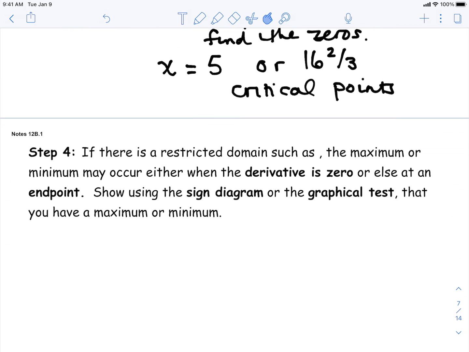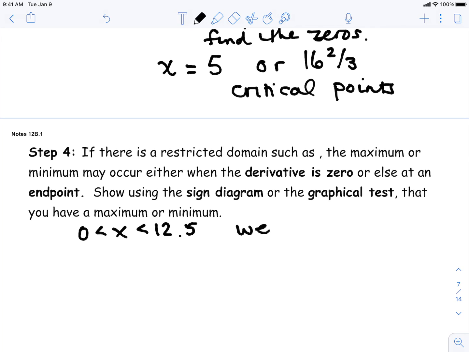Step 4 says, if there is a restricted domain, such as the max or minimum may occur either when the derivative is 0 or at the endpoint, you want to show using a diagram for the sign diagram or graphical test. So remember, our domain restriction was somewhere greater than 0 but less than 12.5.